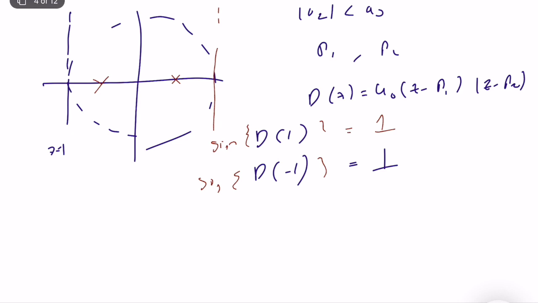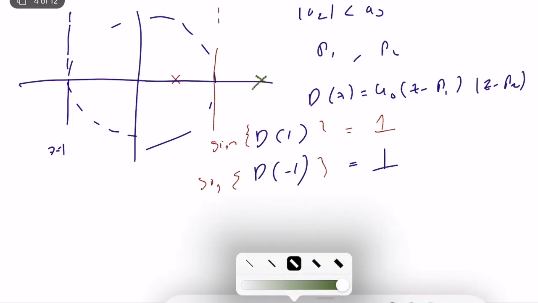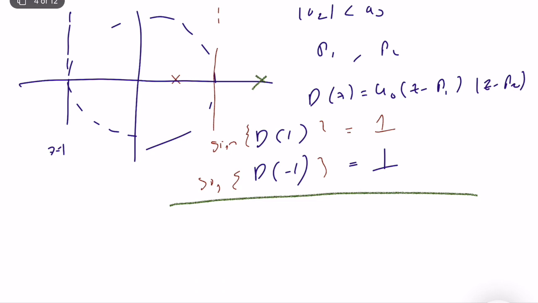Okay, that's good. So now let's look at a different case. Let's draw it again, and let's assume that I have a pole here, so one stable, one unstable pole. We know that this is stable because we constructed a stable system. Now let's look at D(1).